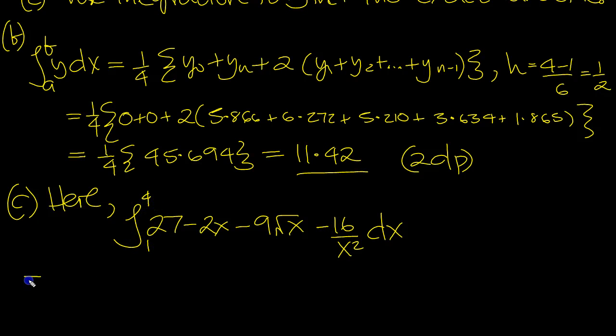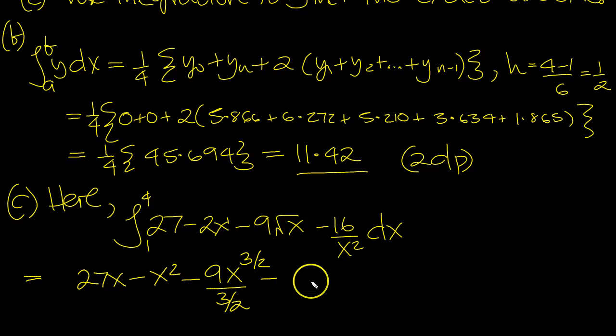So let's do the integration then. 27 times x, isn't it? Constant integrates to constant times x. Minus 2x, that's a 1 there, so it's x squared over 2. So the 2's will cancel to leave x squared. Minus 9, x, raise the power by 1, divide by that number.